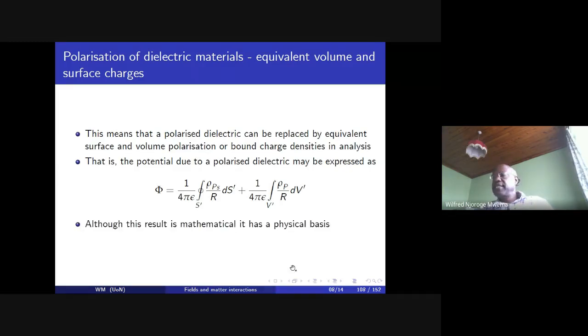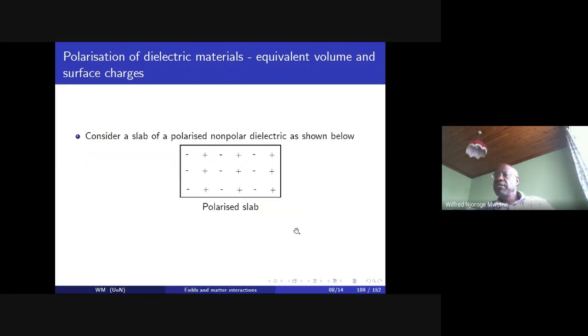This result appears to be mathematical, but it always has a physical interpretation, which we can express as follows. Consider a polarized dielectric of that nature. Inside in the bulk, the tail and head of the dipoles are aligned to each other, so we can expect total cancellation if we have a uniform distribution of the dipoles.